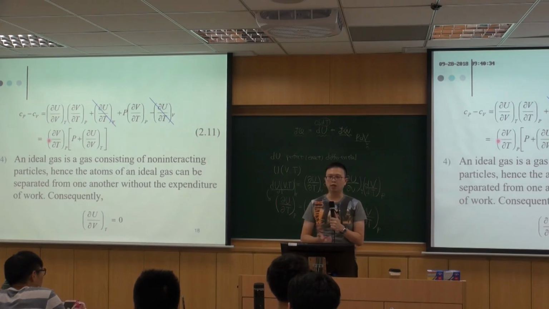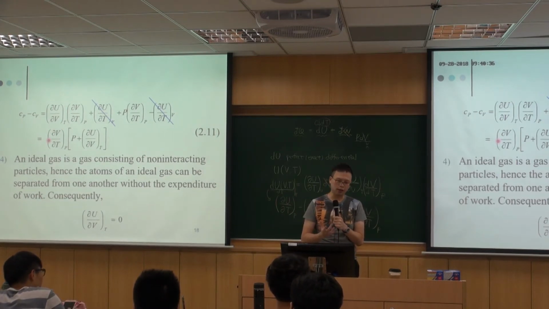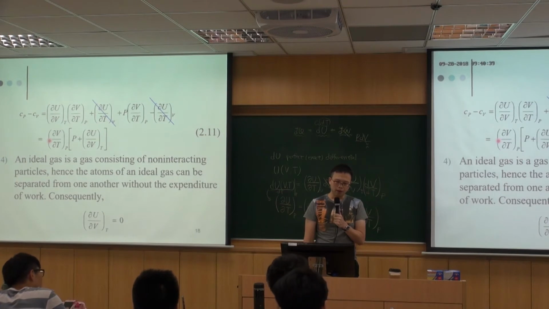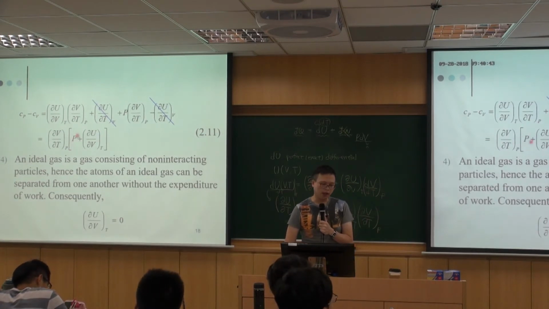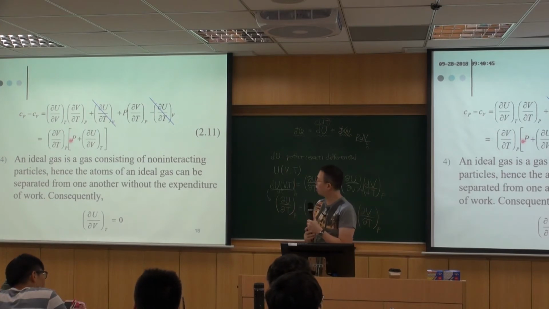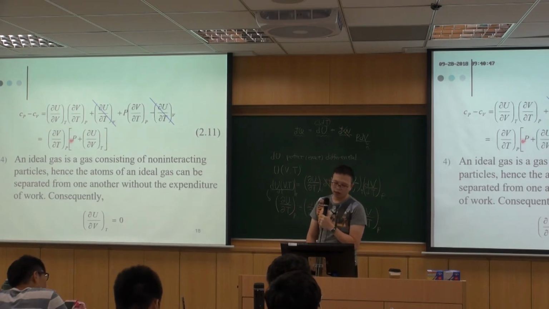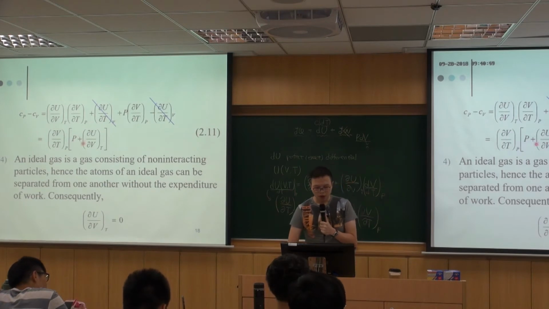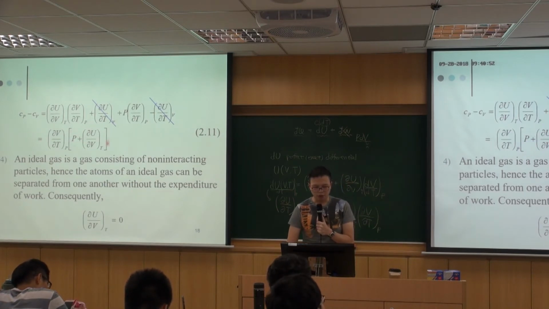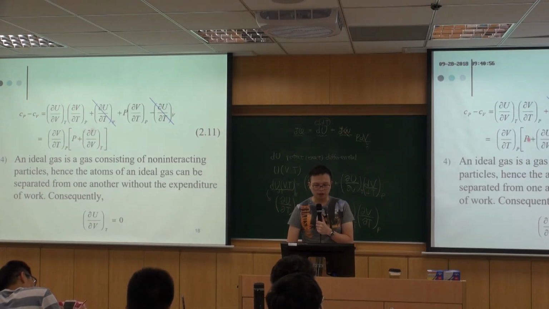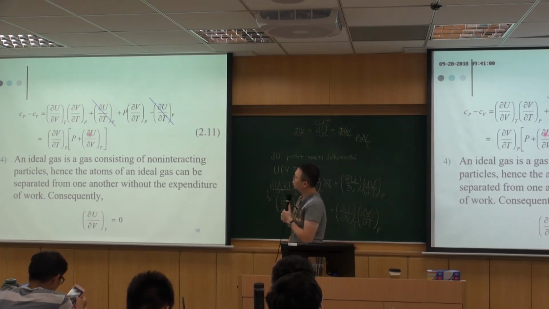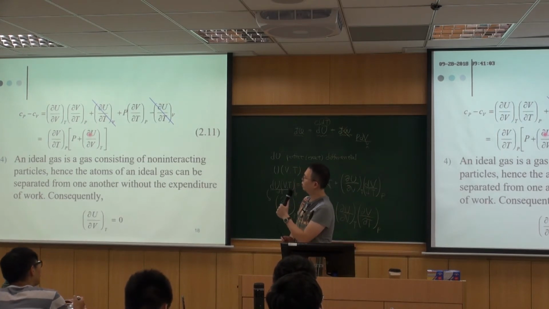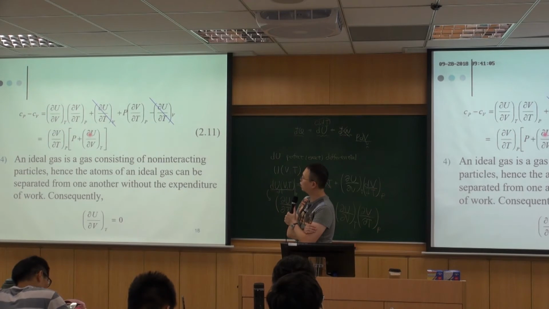It's going to be a constant value. And P is a physical quantity that depends on the state of your gas, so it's a variable. But this term, partial U, partial V, at fixed temperature, is something that depends on the property of the material.